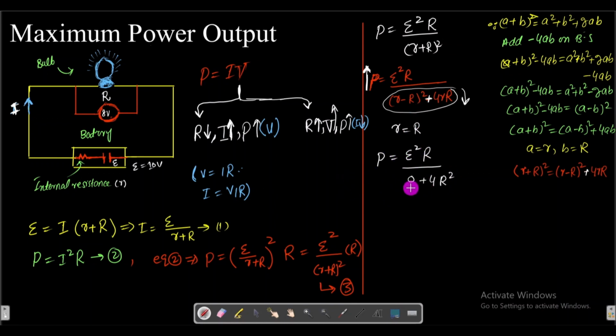So in this case we reduce the denominator by eliminating this term, due to which this power will be increased.